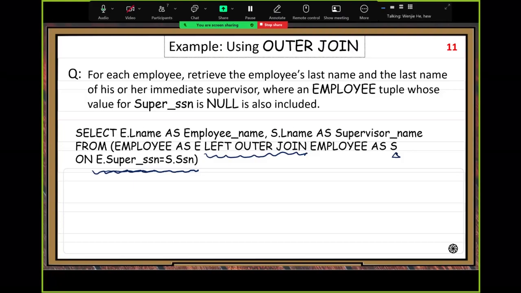We have a lot of things we can practice. So this is part A. We will practice 15 query questions in homework assignment 2B. All right, let's stop right here.